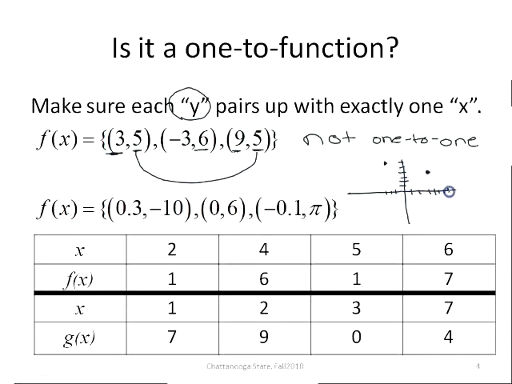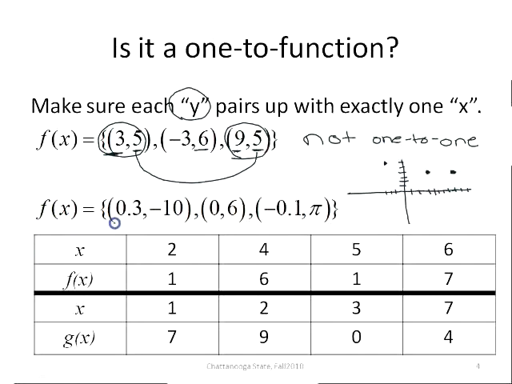And then the point (9, 5), 1, 2, 3, 4, 5, 6, 7, 8, 9, would go here. These points are the ones that kept this function from being one-to-one. And if you look on the graph, these points lie horizontal to each other. So keep that in mind when we go to our next slide.